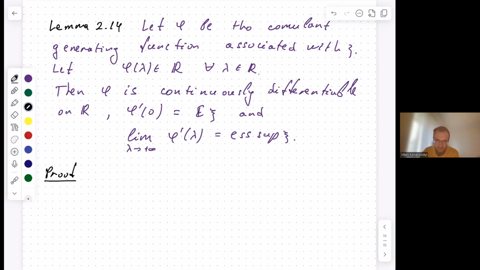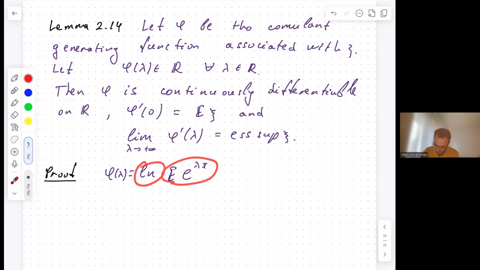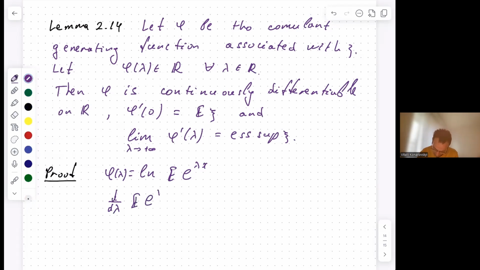Let me also specify what I mean by using the dominated convergence theorem. Recall that the function phi is the logarithm of an expectation. You care about differentiability of phi, and for that you need only the differentiability of the expectation, because logarithm is a differentiable function, and you can use the differentiability of a composition of two functions. You need to focus on the derivative of the expectation of e to the lambda xi.